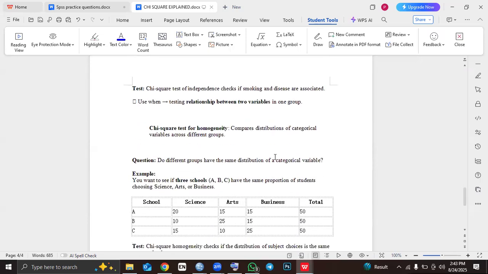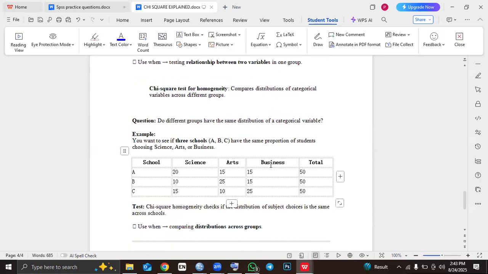Very good. Moving on. The last example that will be mentioned here is the chi-square test of homogeneity. The chi-square test of homogeneity is going to compare distributions of categorical variables across different groups.